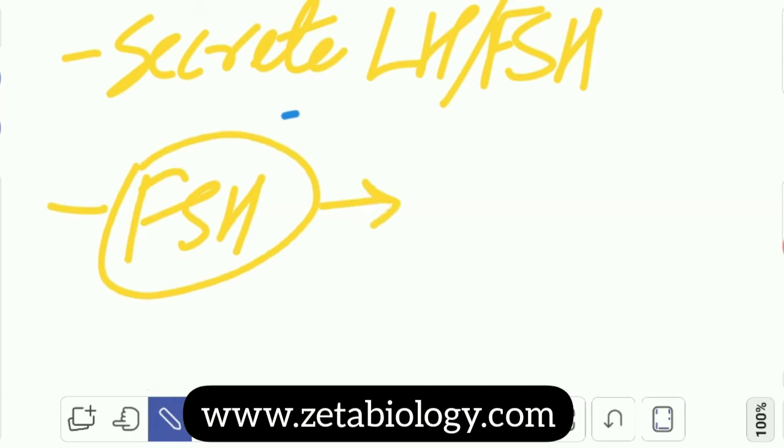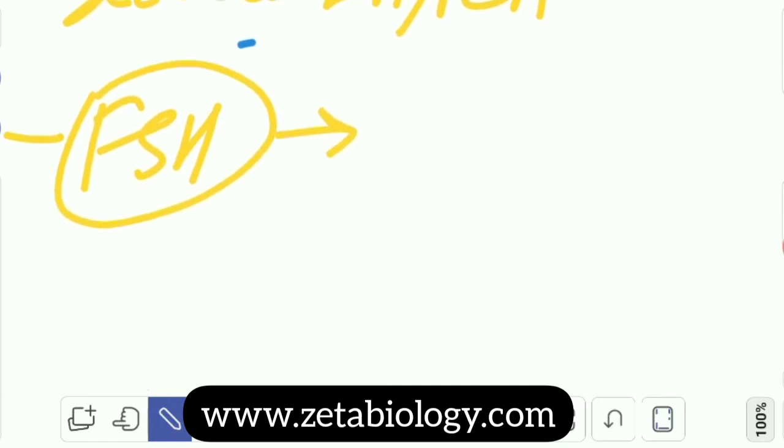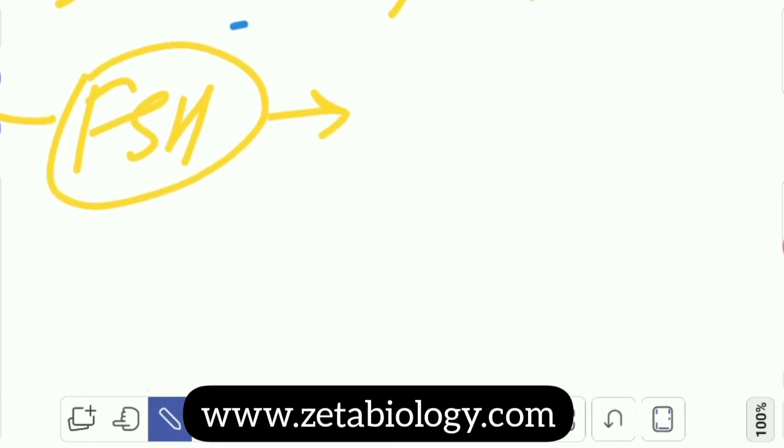These hormones stimulate the gonadal activity, and so they are called gonadotrophins. So first let's talk about FSH. In males, FSH and androgen both are secreted from the testes, and they regulate spermatogenesis and normal functioning of seminiferous tubules.